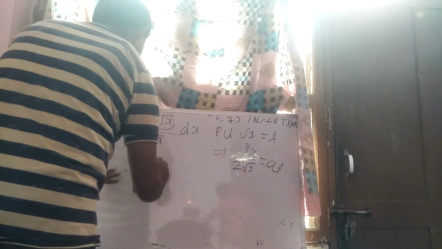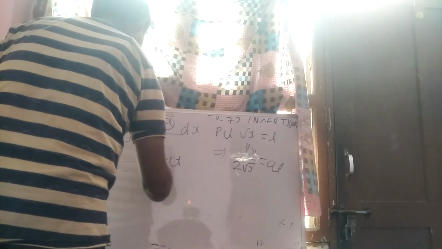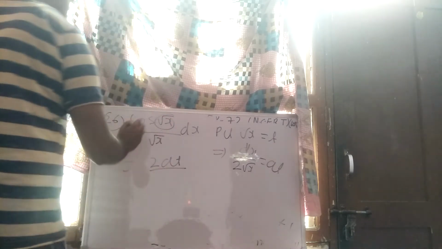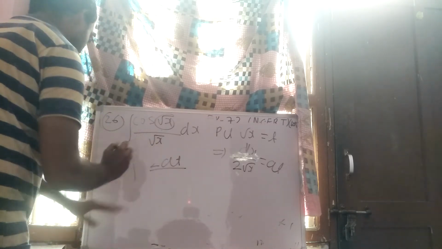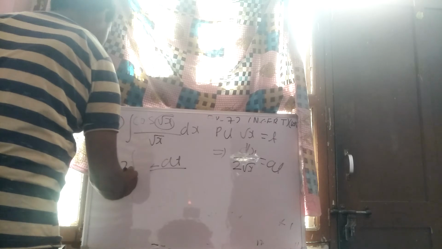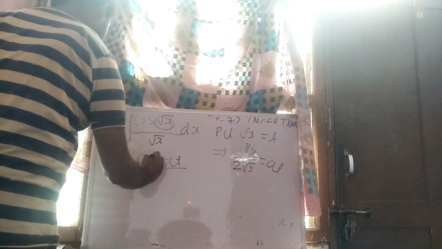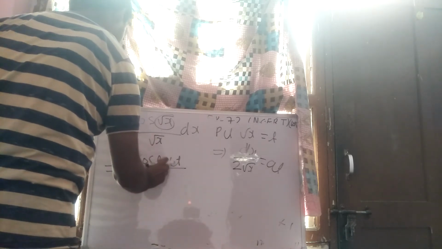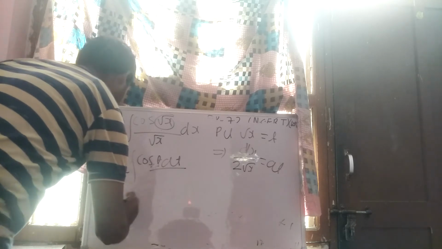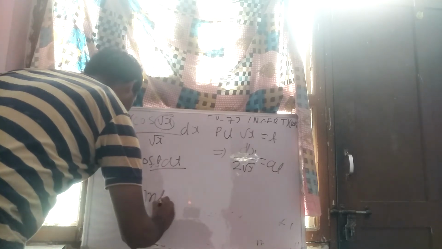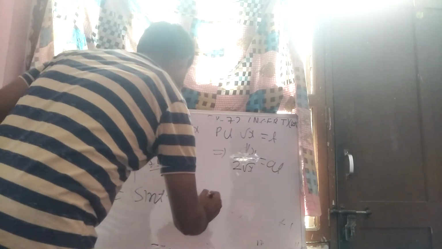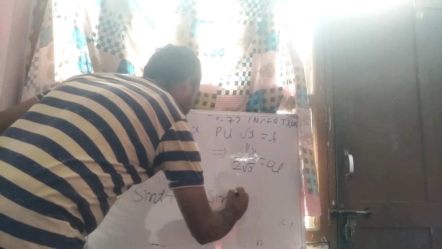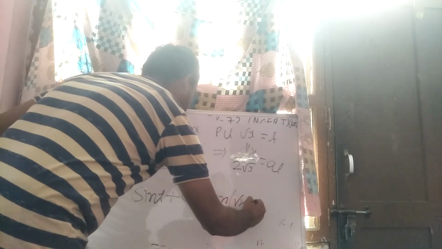We also write 2 outside and cos t. Very easy, cos t. This is a simple formula. Cos t integral is sin t plus c. We also substitute sin t means sin root x plus c.